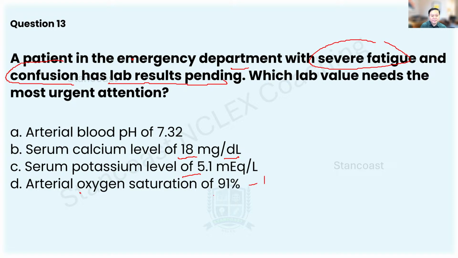Not really. Below normal, but it doesn't require urgent attention. Less critical. Which is more critical this time, according to the options? Well, there's no other than letter B. Your patient has severe hypercalcemia.